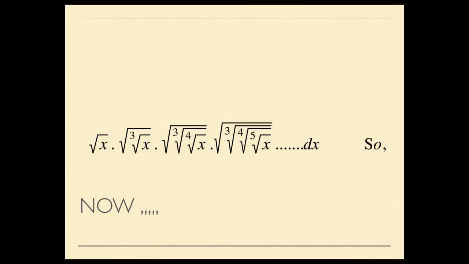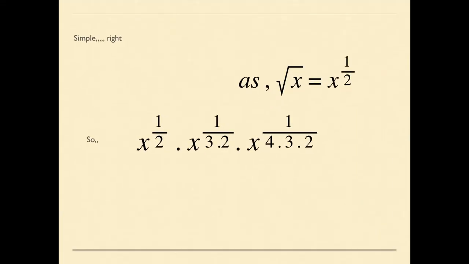So square root of x can be written as x to the power 1 by 2. Now, if you break down each root, cubic roots, fourth roots, and fifth roots, you'll get it this way: x to the power 1 by 2 times x to the power 1 by 3 times 2 times x to the power 1 by 4 times 3 times 2. If you add further, you might get times x to the power 1 by 5 times 4 times 3 times 2.